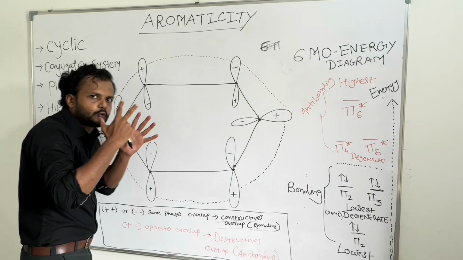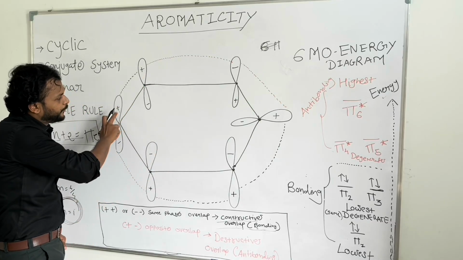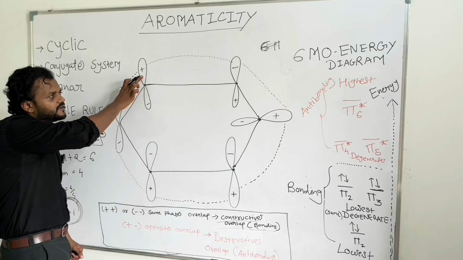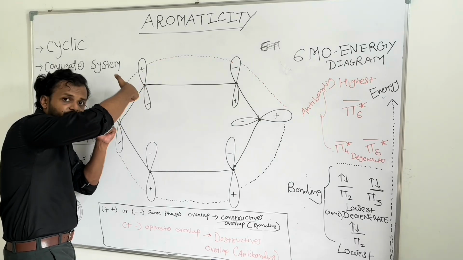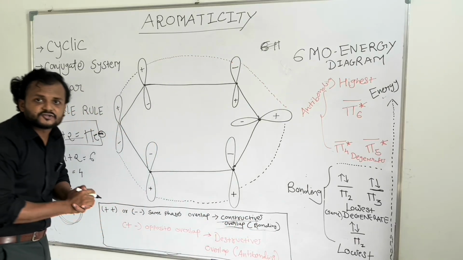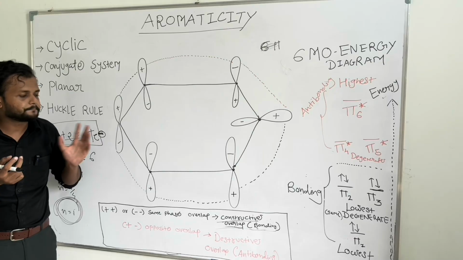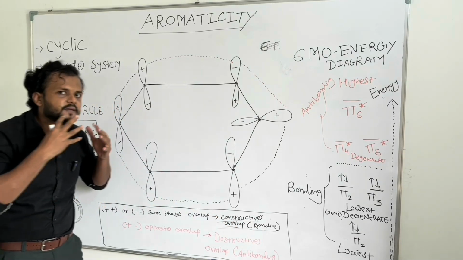Now if we see the overlapping, you can see that the positive phases are going to overlap. That same phase overlap is called constructive overlap. That's called a bonding interaction. It favors stability.